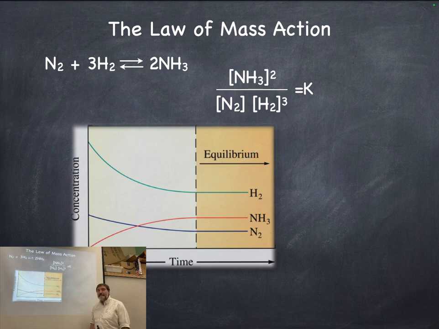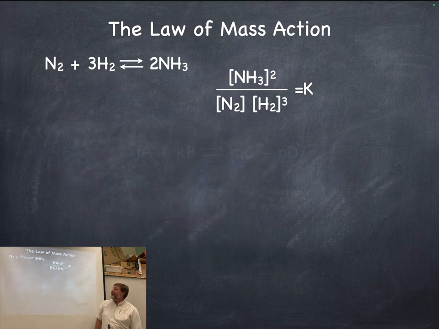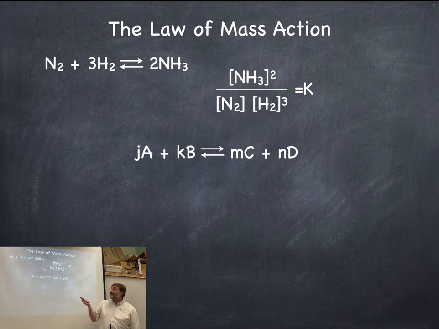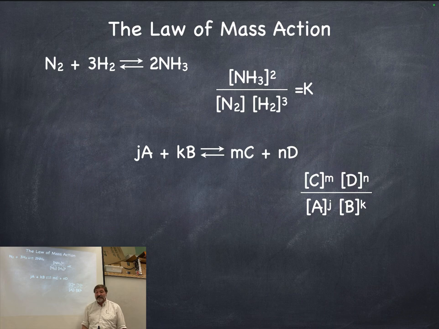All right? But there are some ways that we can affect and change this. In particular, if I take this equation and I write it in a different format. So let's look at a generic version, because it doesn't have to be this chemical reaction. It could be any chemical reaction. The law of mass action is then the concentration of your products raised to their coefficients as powers equal to the K, okay?